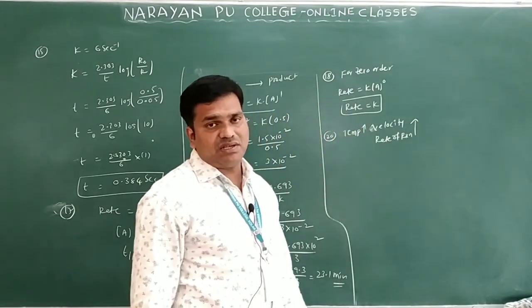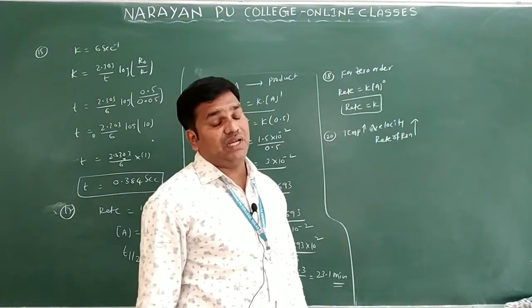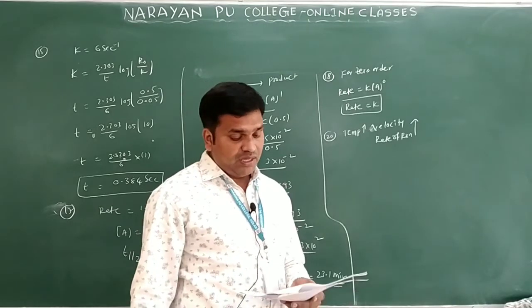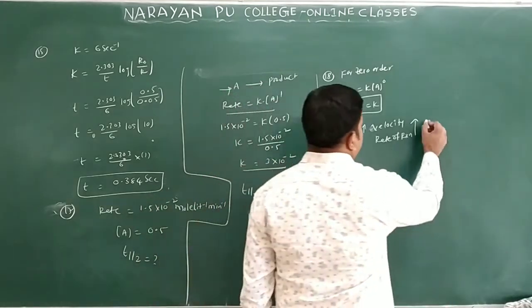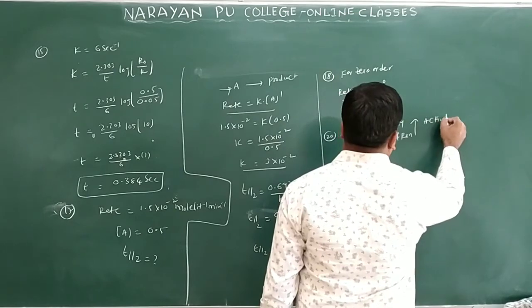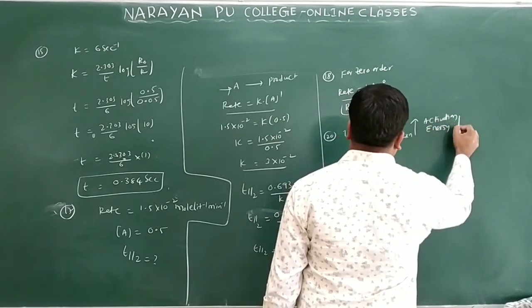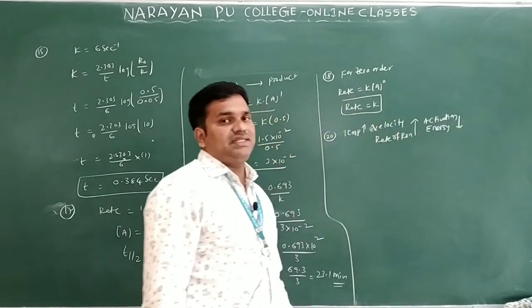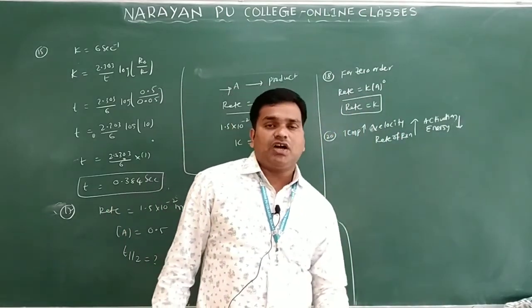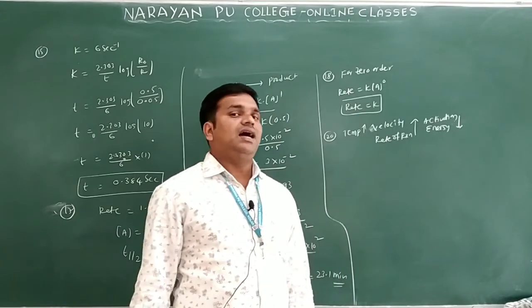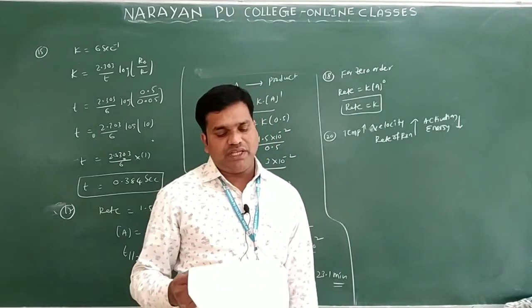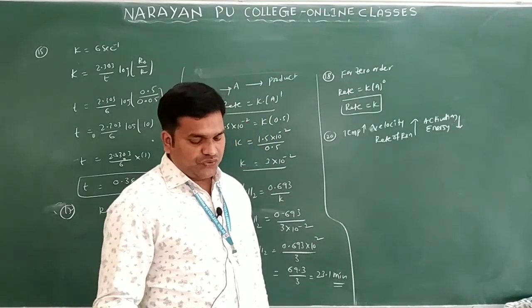Temperature increases, velocity or rate of reaction increases. And what happened here? Activation energy decreases. If temperature increases, rate of reaction increases, and how does the rate of reaction increase? It means it decreases the activation energy. So what answer will you take? You will take option 4 for this question.